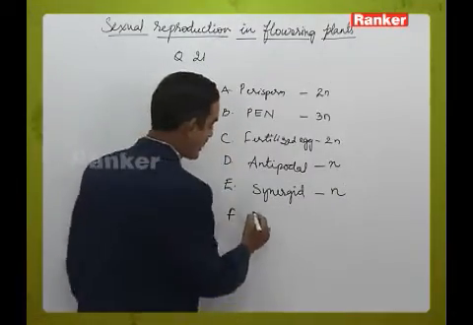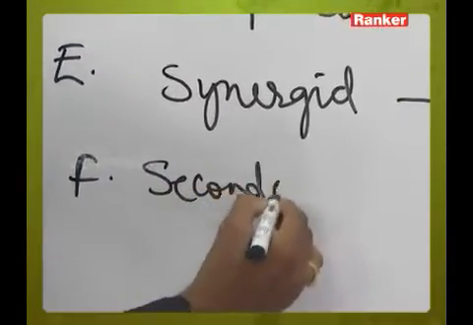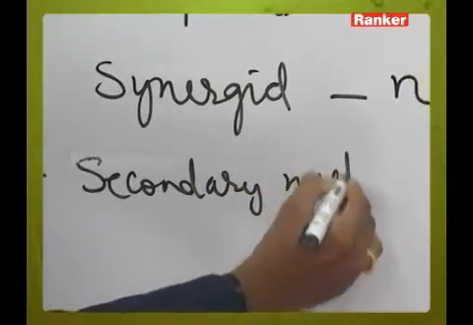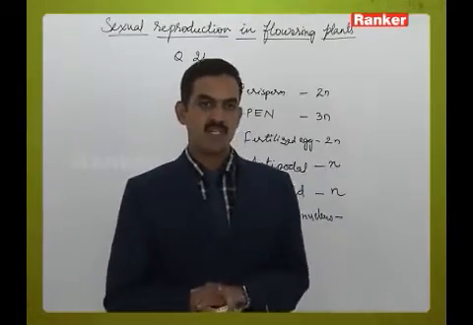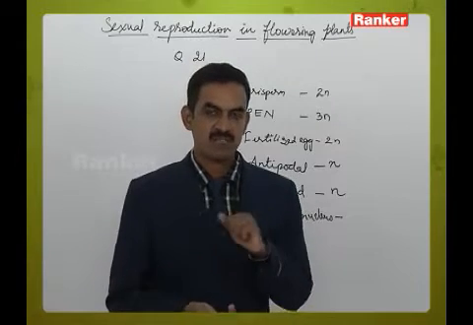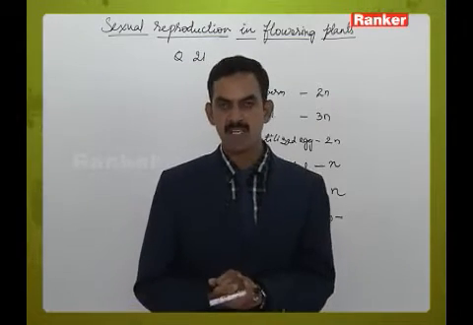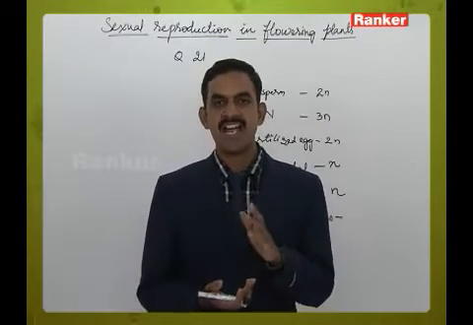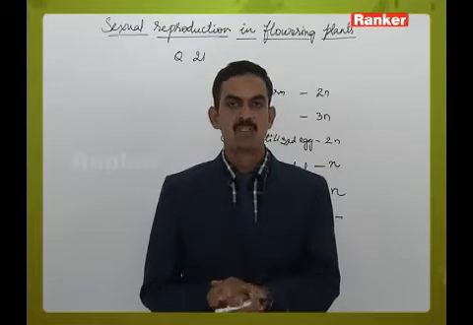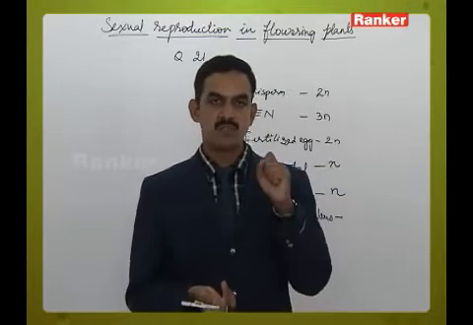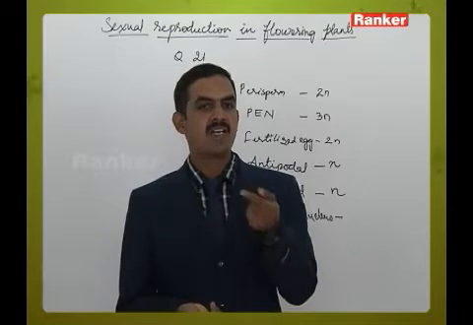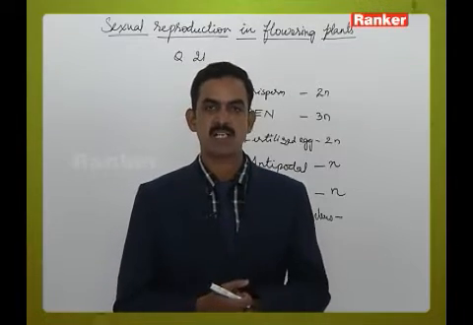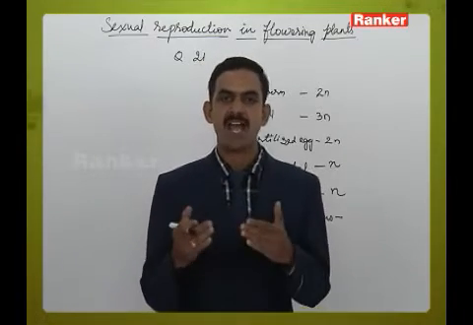Then F is secondary nucleus. In an embryo sac, the best example in our syllabus is the polygonum type, in which a 7-celled and 8-nucleate structure is present. The 7 cells are 3 cells in the egg apparatus, which includes 1 egg cell and 2 synergids, and 3 cells towards the chalazal end, which form antipodals.